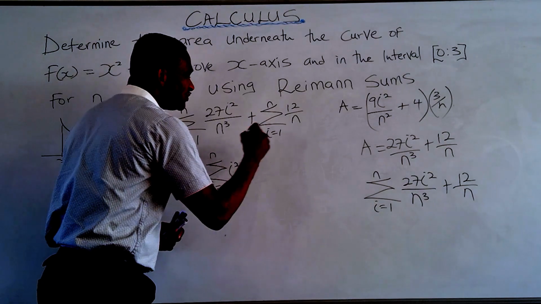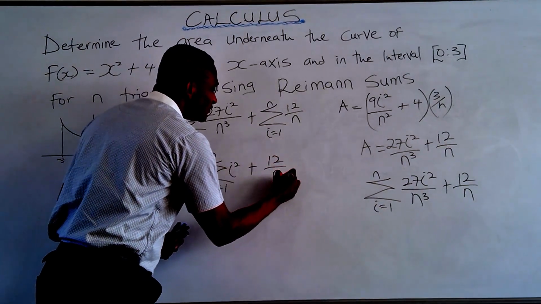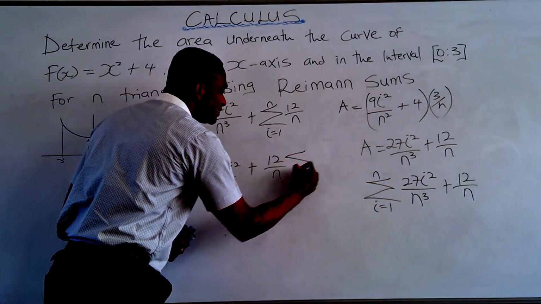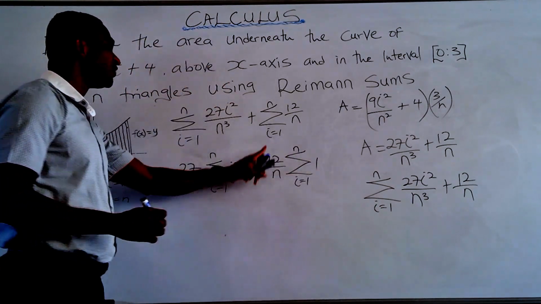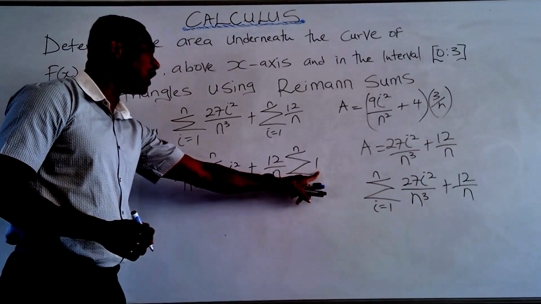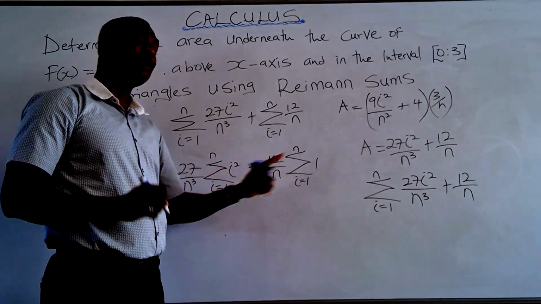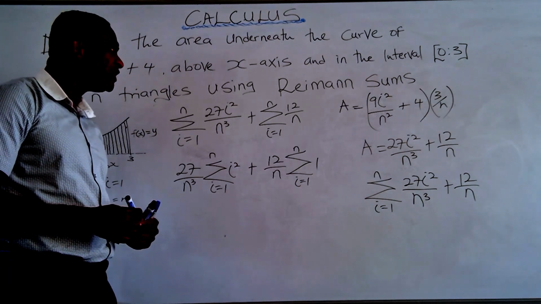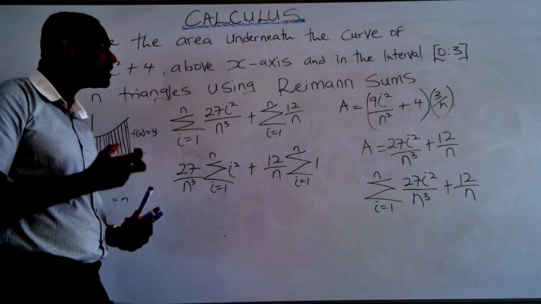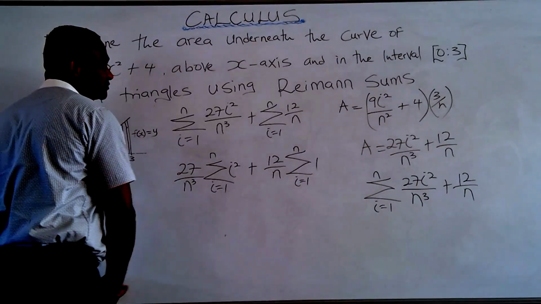We also take out 12 over n. If we are taking out 12 over n, for i equals 1 to n, we have 1. Remember, 12 over n times 1 is 1. The summation of 1 is predefined. Now we go to the formula sheet and pick out these values.